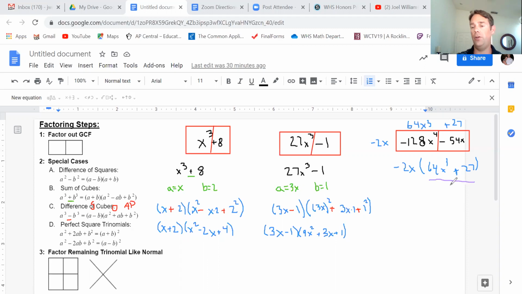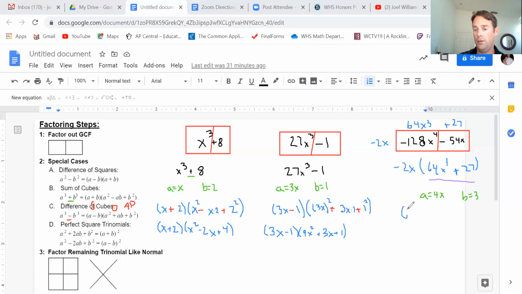So do I have squares or cubes? And again, I see a cube here. That's kind of a little giveaway here. So what number times itself 3 times is 64? Well, that'd be 4. So 4 times 4 is 16, times 4 is 64. And 27, well, that was 3. I already did that one. So we're going to go ahead and do our little formula here.